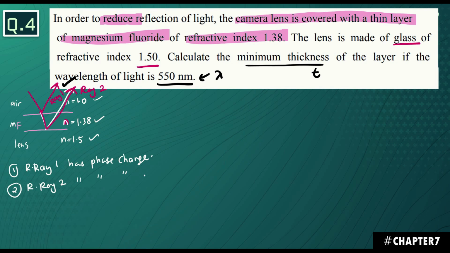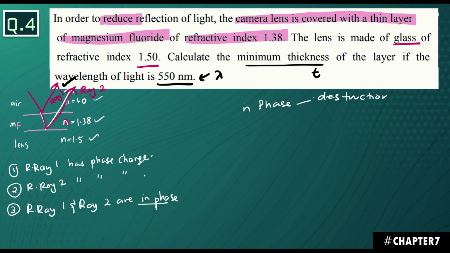Since both of the rays are having phase change, ray 1 and ray 2 are in phase. So this is the case of in phase, destructive or constructive. We need to choose, as we need to use only one equation.